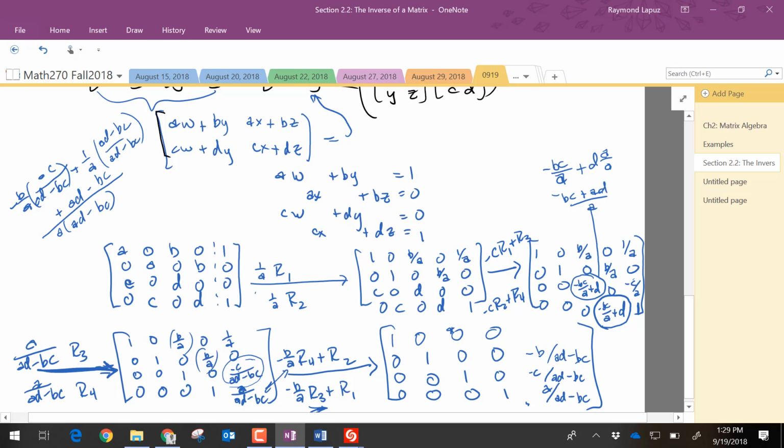So BC, negative, negative, so that's a positive. Oh, so the BC's and the BC's would cancel in the numerators. And then the A's would cancel. Oh, there we go. And then we just have a D. Wow.